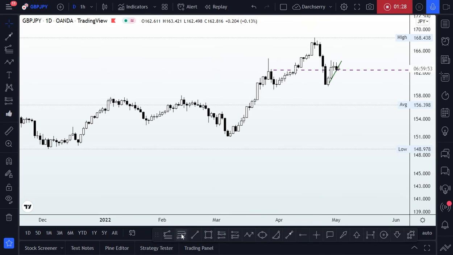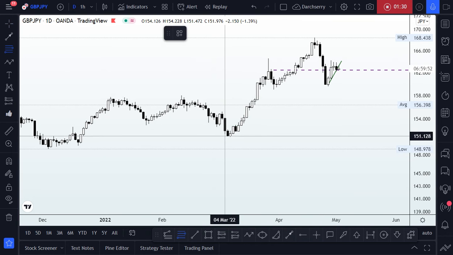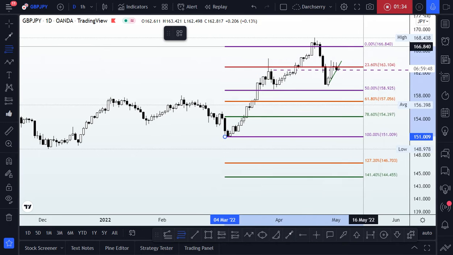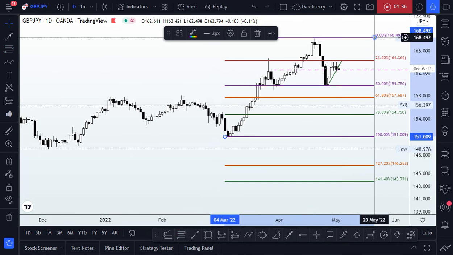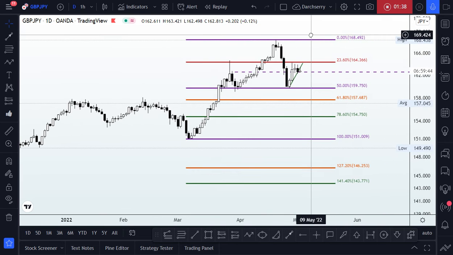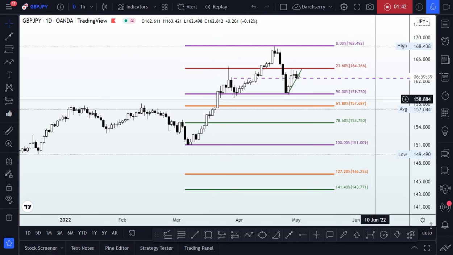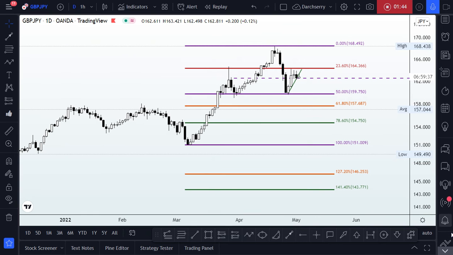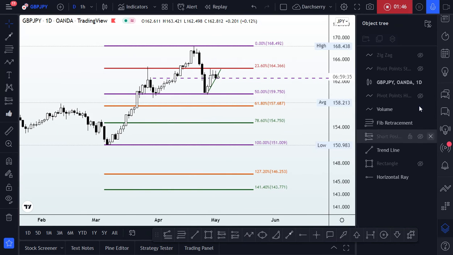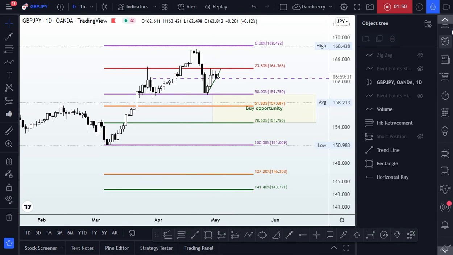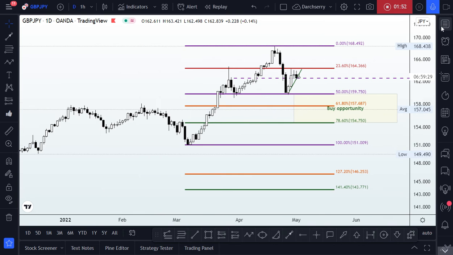So bringing out our Fibonacci retracement tool at this point and running it through the impulse leg, we will notice that the golden zone area, which I always state to be between 50 and 78.6% of the previous impulse leg, could be identified around this area, as we can see on the chart.